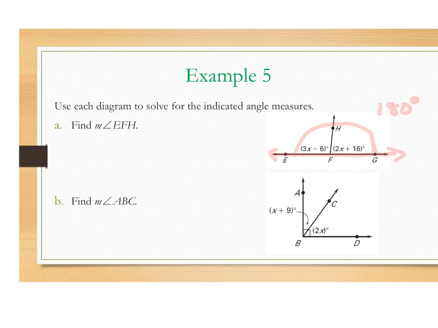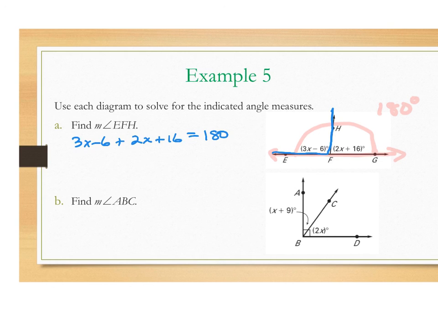So in order to find the measure of EFH, which is this angle right here, I'm going to set up an algebraic equation. I'm going to be doing 3x minus 6, and then I'm going to add it to the other side, the 2x plus 16, and it's equal to 180.